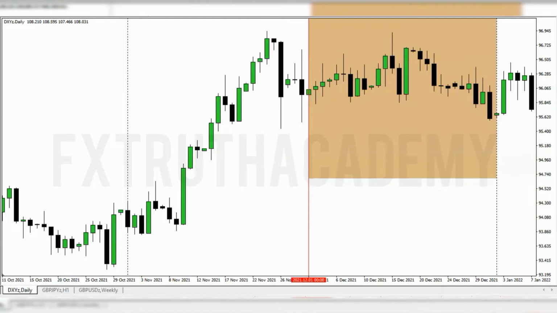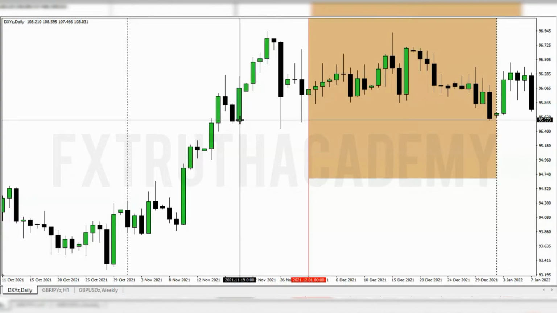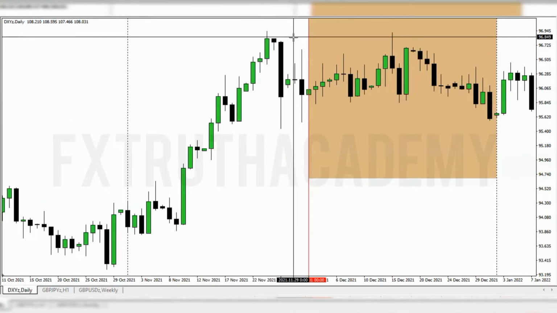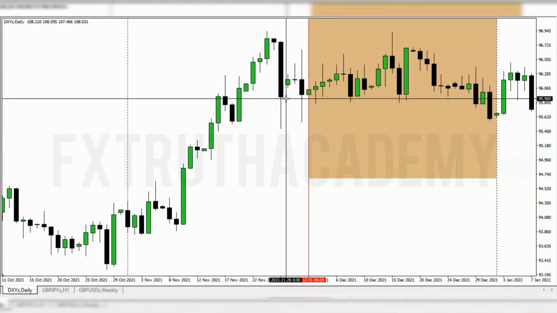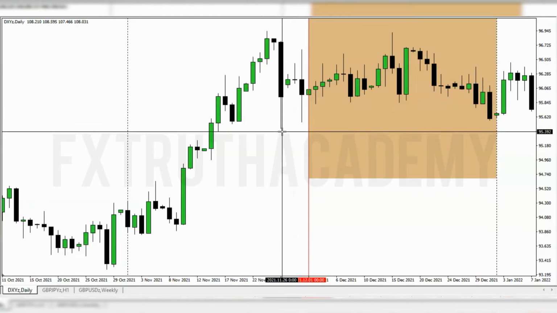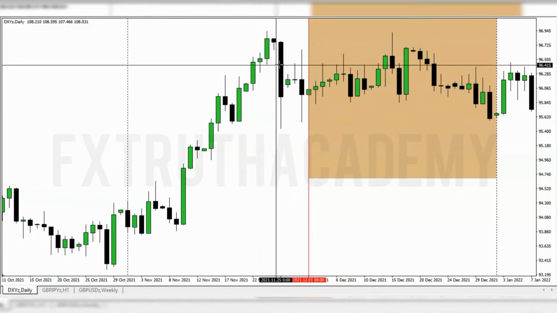If I bring my marker right here again, we see that this swing low was taken out by this swing low here, but this swing high has not been taken out yet. Before this month started, we saw that this swing low was being respected, I'm talking about this series of consolidation right here.